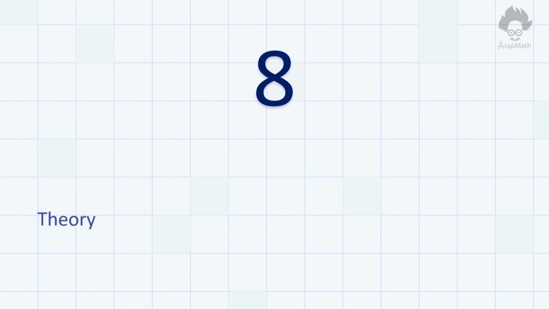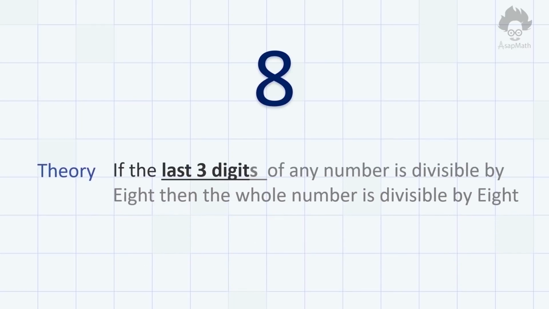The next number of this set is 8. If the last three digits of any number are divisible by 8, then the whole number is divisible by 8. Here we have to consider the last three digits. We want to check whether it is a multiple of 8.